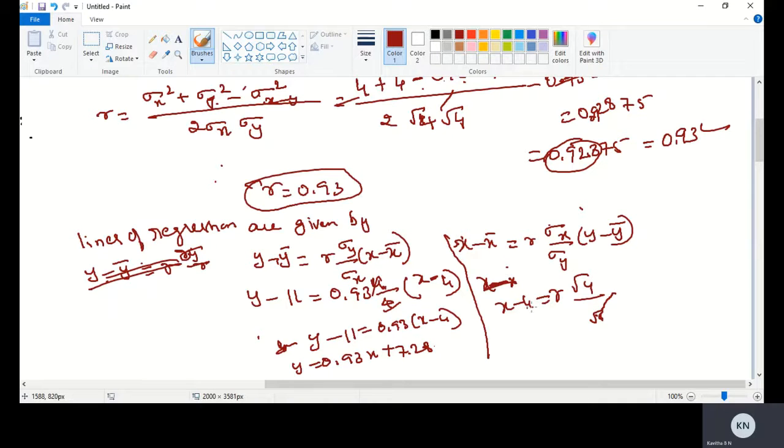So x minus 4 is equal to r into square root of 4 by square root of 4 into y minus y bar, where y bar is 11 and r is 0.93. Here the square root of 4 gets cancelled.